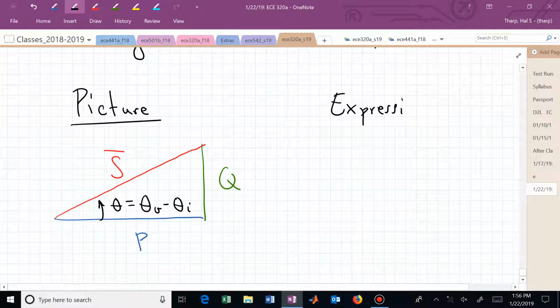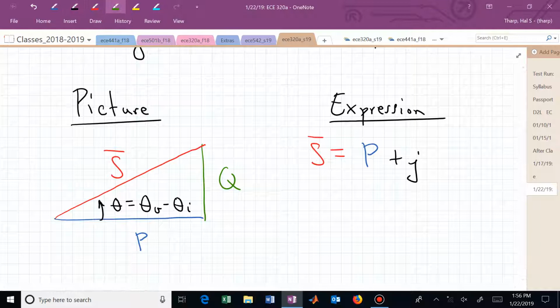Just drawing that complex power triangle reminds us of what we're dealing with expression-wise. So that now we have S is equal to P plus jQ, and we also know that the power factor is the cosine of theta.